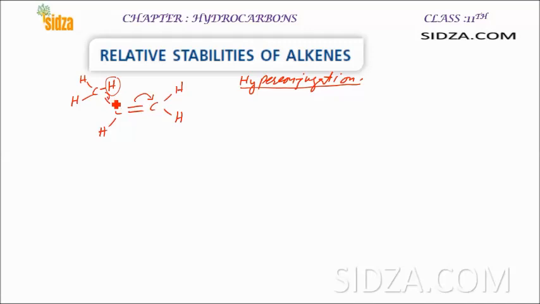Here you get a double bond and a resonating structure like this, carbon with hydrogen attached to it. Now you have a carbon-carbon double bond over here. Now H plus is over here, and you have the single bond and then the negative charge on this carbon. So this is one resonating structure.